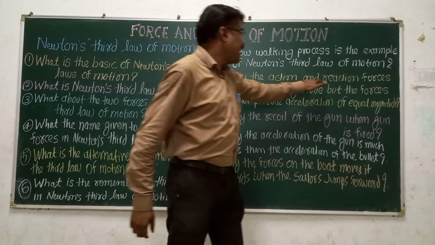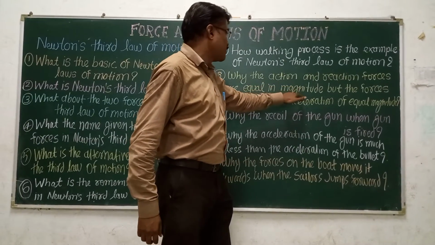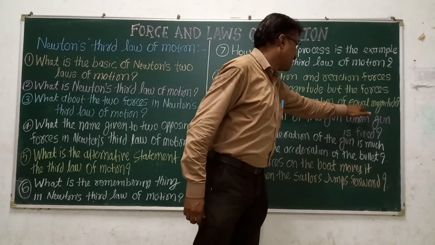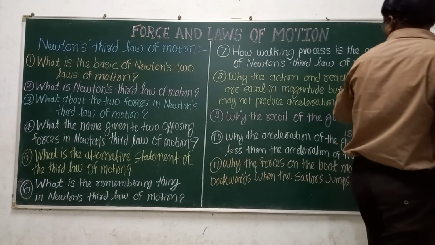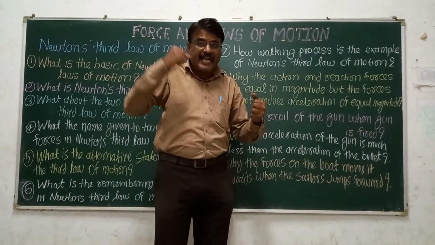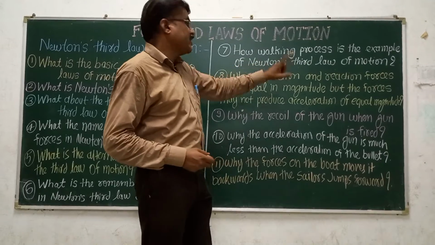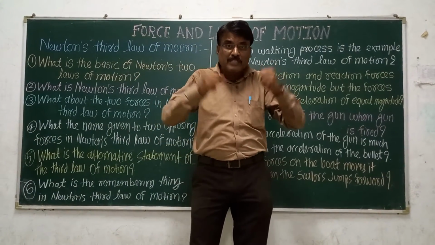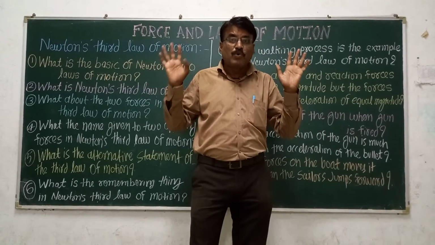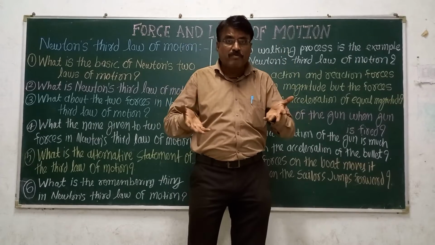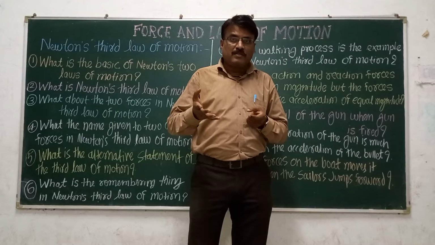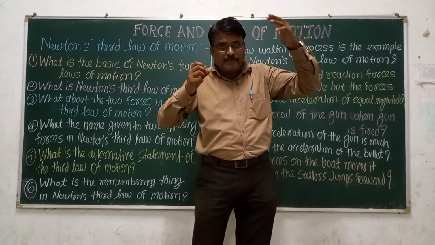Then, why are the action and reaction forces equal in magnitude, but the forces may not produce accelerations of equal magnitude? The action force and reaction force are equal in magnitude, but their accelerations may not be equal, because one object may be large and one object may be small.